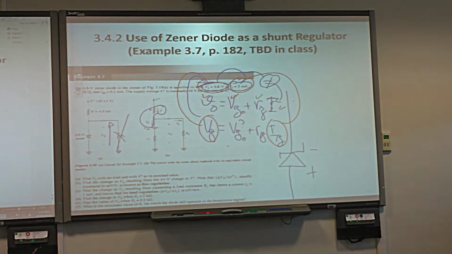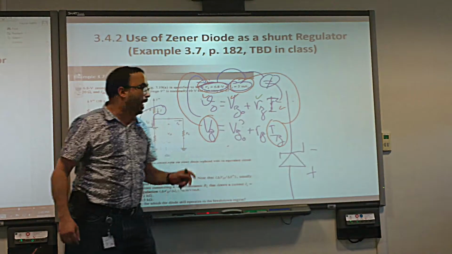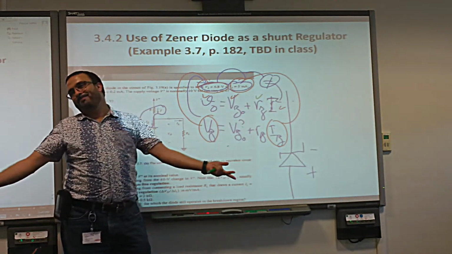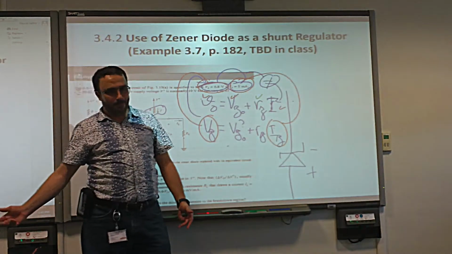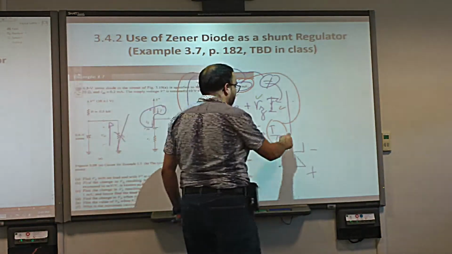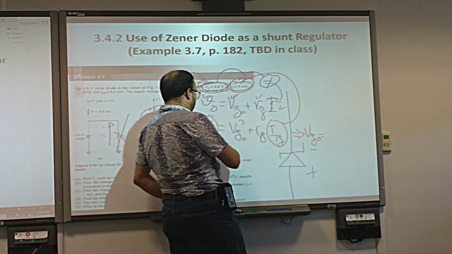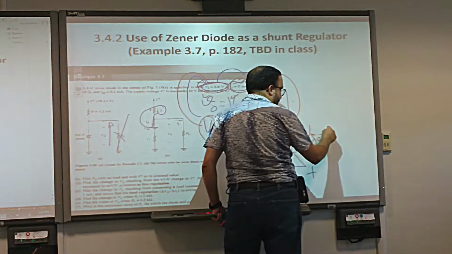So we say that if the diode is working at this voltage, the current must be this current, and I can replace. Now, in this equation, what we don't know is VZ naught, and now we can get it. Do you understand? So from here I can write VZ naught is equal to this VZ minus RZ IZ.